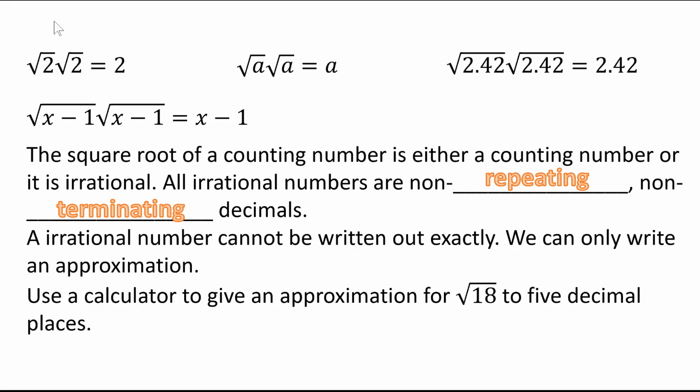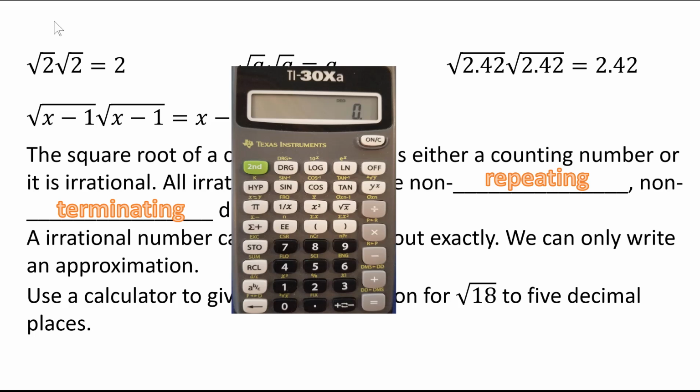Okay, so you're going to take your calculator and punch in the square root of 18. So you hit 18 and then you hit the square root symbol. And you get 4.242640677 or 687. All right, so you're supposed to be rounding this to 5 decimal places. That means 5 digits to the right of the decimal point.